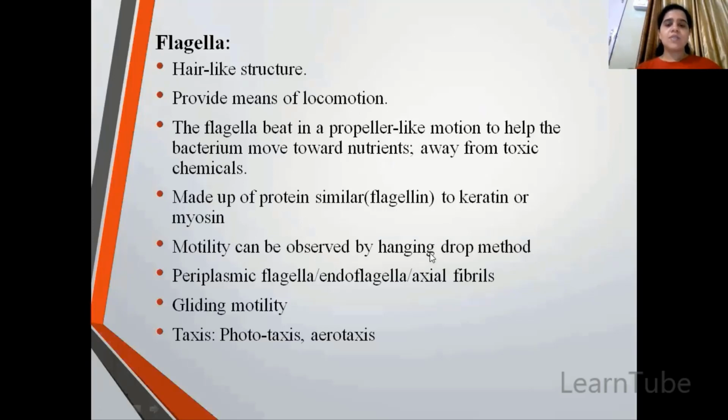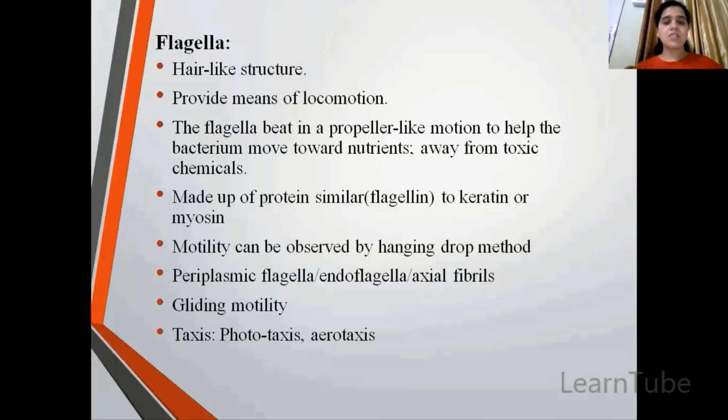Now, what is this hanging drop method? You have to take a slide. On this slide, you put a drop of inoculum, whatever it may be. On the cover slip, you put petroleum jelly, or any jelly-like thing, on the four corners, and you slowly place the cover slip on the drop in such a way that the drop is not dispersed.